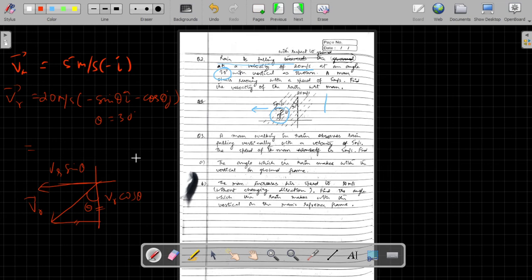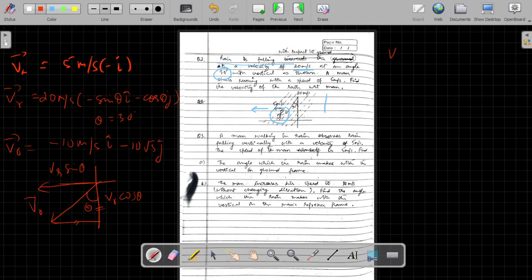Cos theta is vertical downwards, that is negative, and sine theta is in minus i cap direction, that's why there is a negative sign there also. Since theta is 30, this whole quantity comes out to be minus 10 meter per second i cap minus 10 root 3 j cap. This is the velocity of rain.